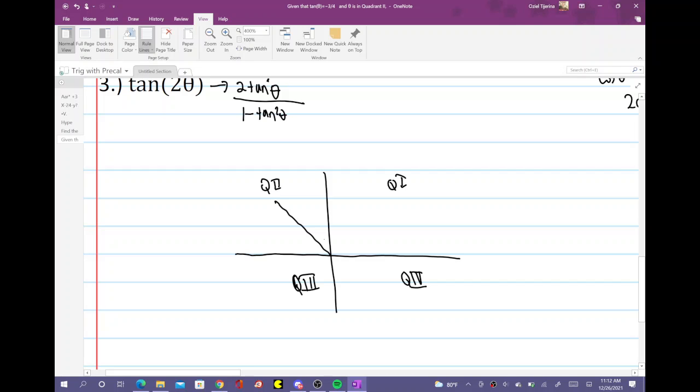Not sure exactly how to draw it. If I draw it like this, maybe.